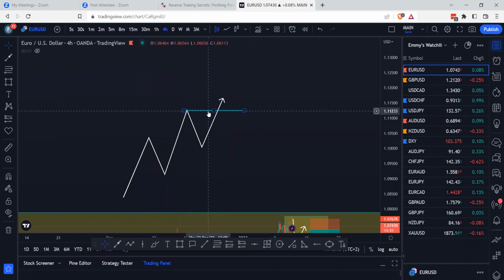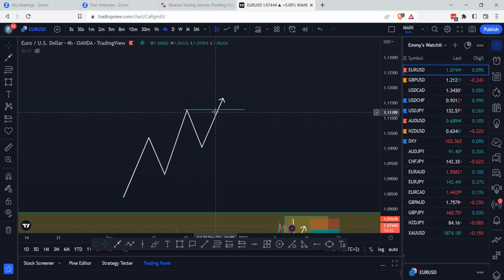So we'll say that price has broken structure because it broke above a previous high and the body of the candle closed above it. There are times that price will break structure like so, but it's just going to be like a wick, not the body of the candle closing, right?